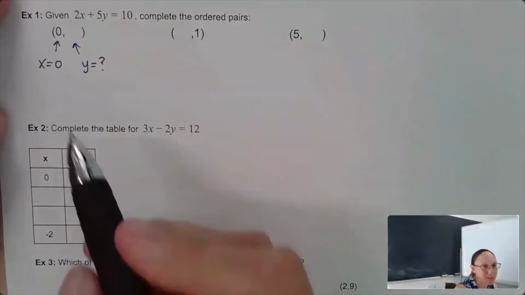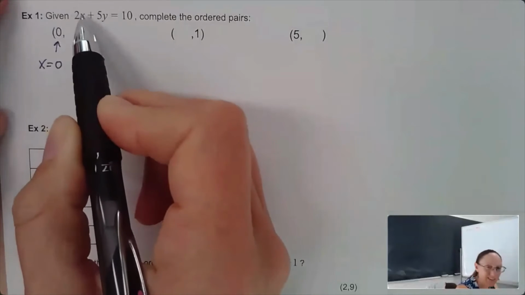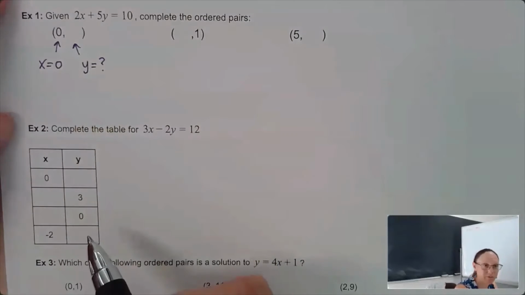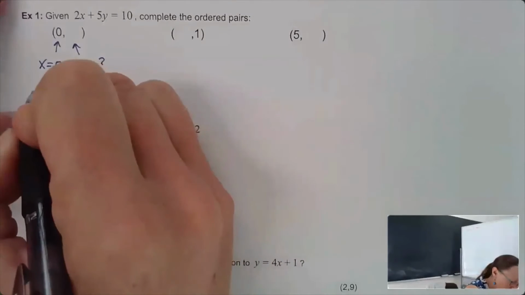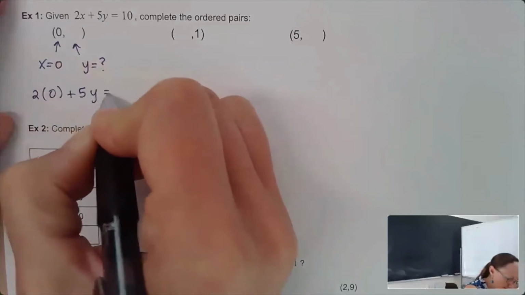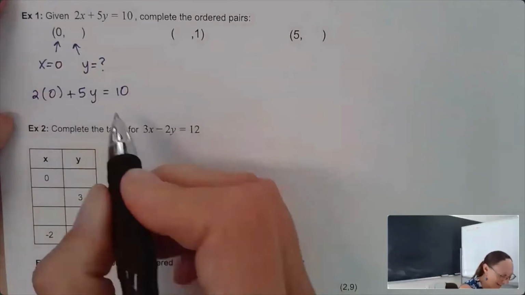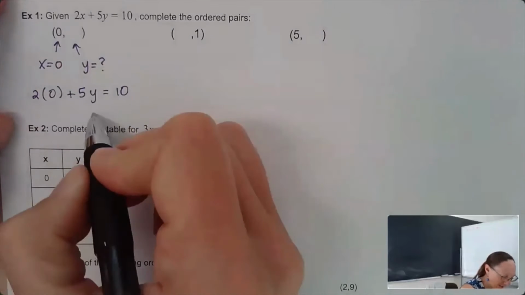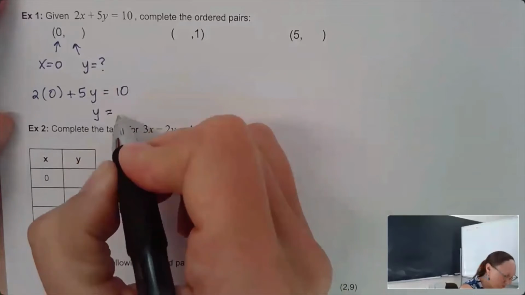And to do this, I'm going to take that equation of the line and I'm going to plug X equals 0 in and then solve the remaining linear equation for Y. When I plug in X equals 0, this would look like 2 times 0 plus 5Y is equal to 10. Well, 2 times 0 is 0. And if 5Y is equal to 10, that must mean that Y is equal to 10 divided by 5 or 2.